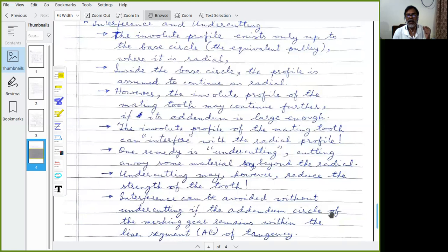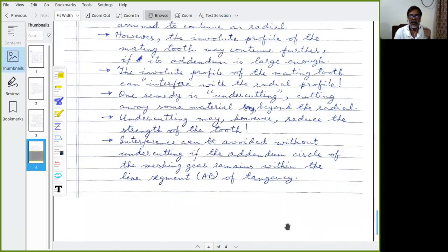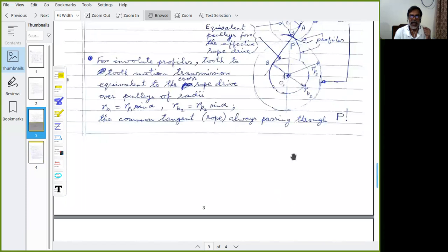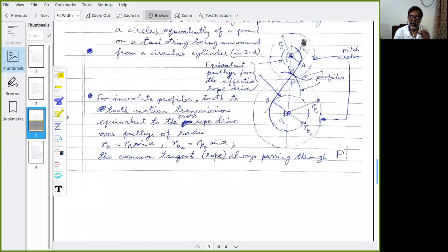And the only way to avoid this interference without undercutting and loss of strength is if the addendum circle of the mating gear remains within the line segment of tangency, that is AB. If within this point to this point, within this line segment on the common tangent, the addendum circle of the mating gear remains, and does not go beyond A on this side or beyond B on this side, then interference will be avoided even without undercutting.